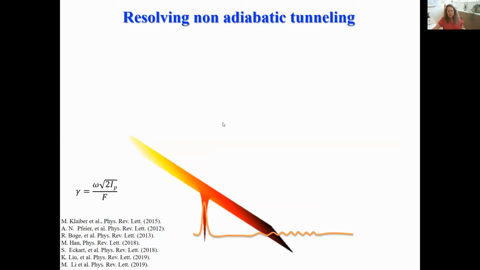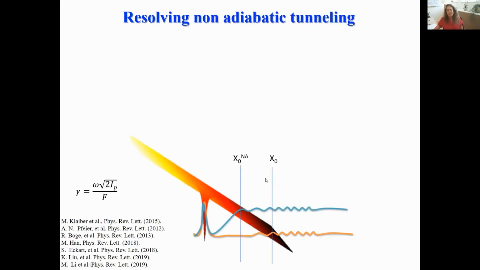However, if we increase the Keldysh parameter described here by either reducing the field intensity or increasing the fundamental frequency, eventually we go into the non-adiabatic regime, and the electron feels the oscillation of the barrier as it tunnels out. Okay, so it is excited as it propagates under the tunneling barrier.